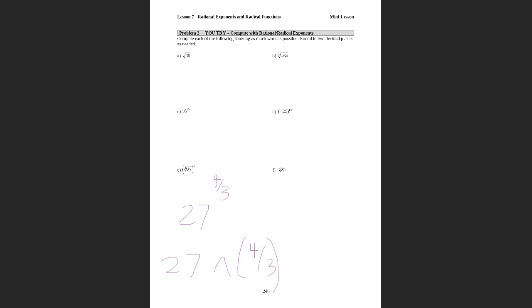Or I would say that the cube root of 27 is what? 3. So 3 to the power 4 gives you 81. 3 times 3 times 3 times 3 is 81. So that's how you deal with these kinds of situations.